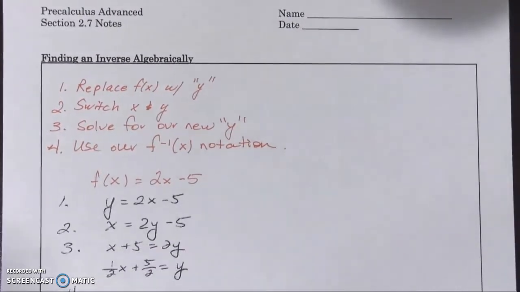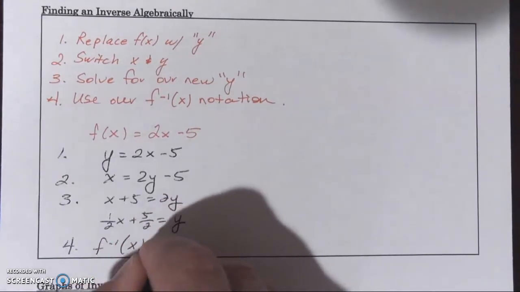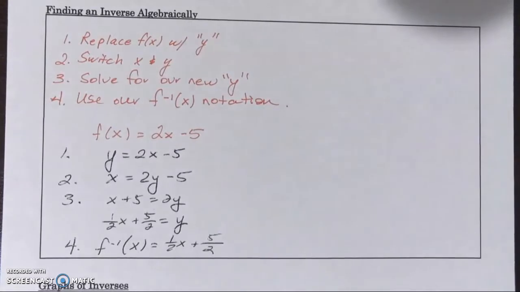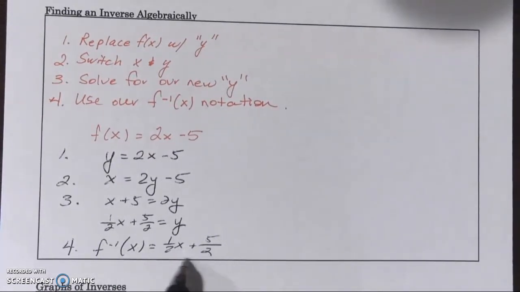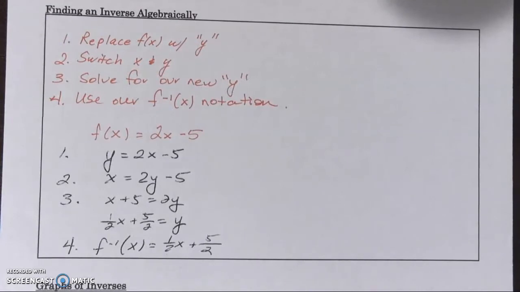And the final step, we're going to use our proper notation. Also correct: x plus 5 over 2. If you didn't want to split it up, I wrote it like this because that would give us a little bit more of an idea of how the graph would look. Another linear graph of slope 1/2, y-intercept of 5 over 2.